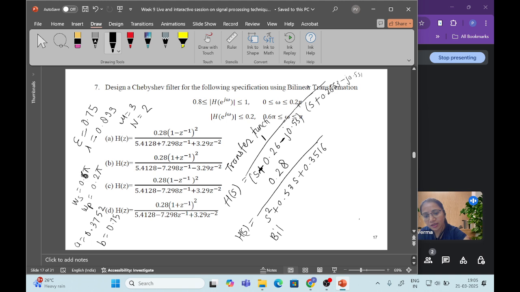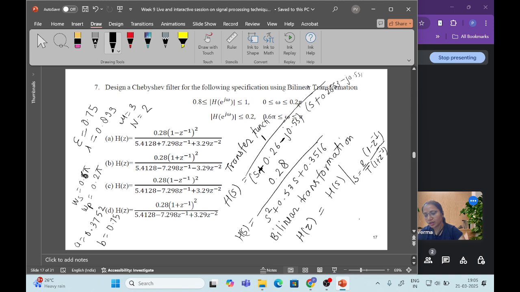So bilinear transformation, we know that h of z is equal to h of s, just put in the place of s, that is s is equal to 2 by T, 1 minus z inverse divided by 1 plus z inverse.